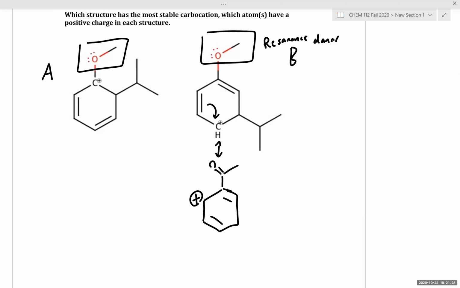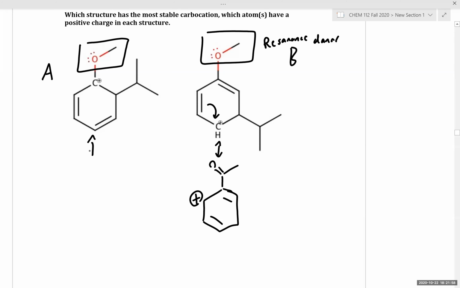So to help us start, okay, perfect. We have a student that proposes that structure B is more stable because the carbocation is closer to the electron donating group. Okay. Do we have any other proposals in the chat for the more stable carbocation?